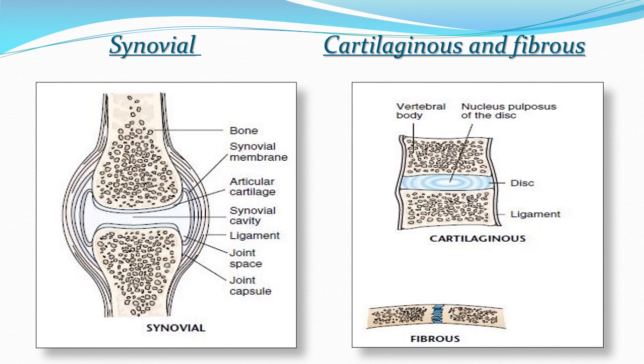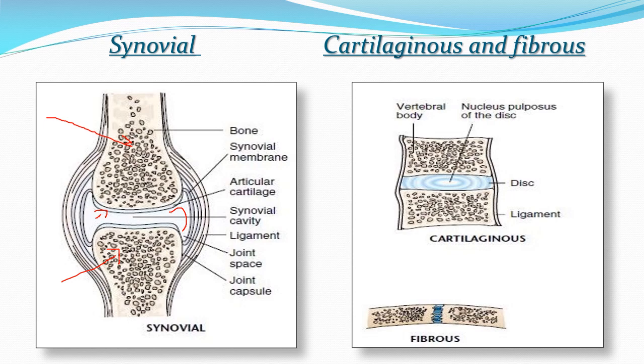Now, let's have a look at the basic anatomy of the synovial joint. In the synovial joint, we have two bones, and these two bones are not in direct contact with each other, but they are covered by a cartilage. The function of the cartilage is to diminish the friction which is produced by the direct contact of these two bones. The synovial joint is lined by a synovial membrane, which is filled with a small amount of synovial fluid.